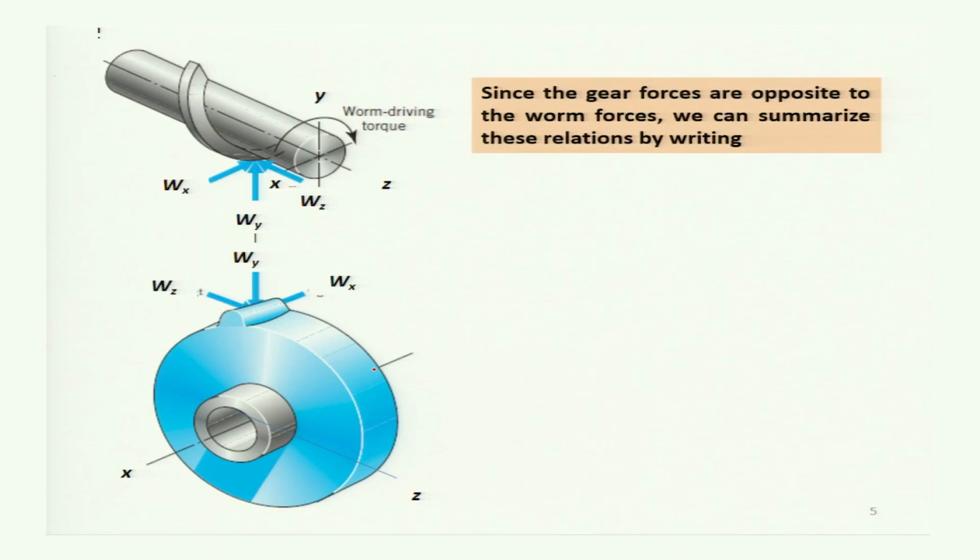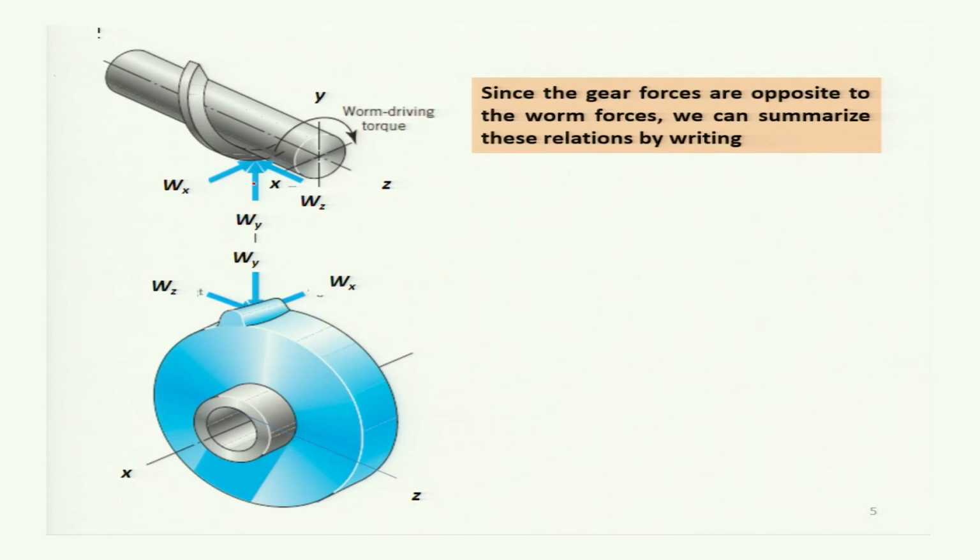Since the gear forces are opposite to the worm forces, we can summarize these relations. For example, this is the thread which is wrapped on the pitch cylinder of the worm. This is the axis of rotation Z, x is the tangential direction, and y is the radial direction.